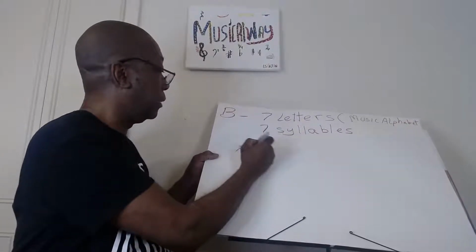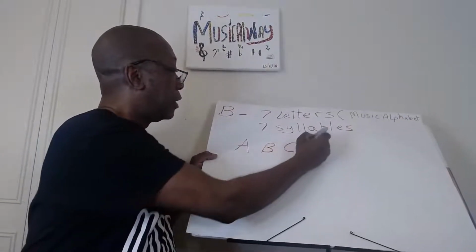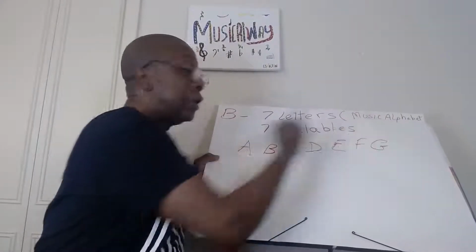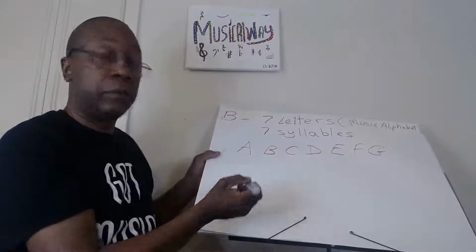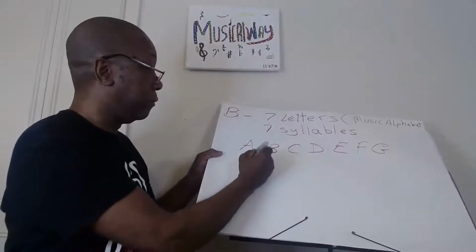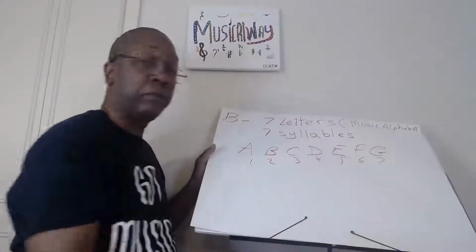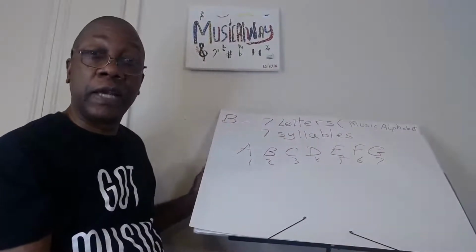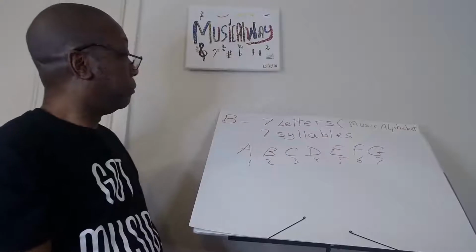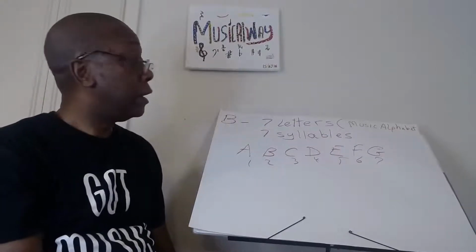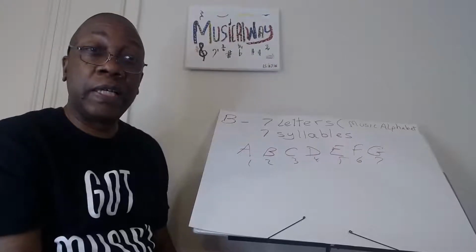A, B, C, D, E, F, G. 7. You sure? Yes, I am. 1, 2, 3, 4, 5, 6, 7. Even my pre-K can do that. It's called the music alphabet. It stops right there. That's it. No more.